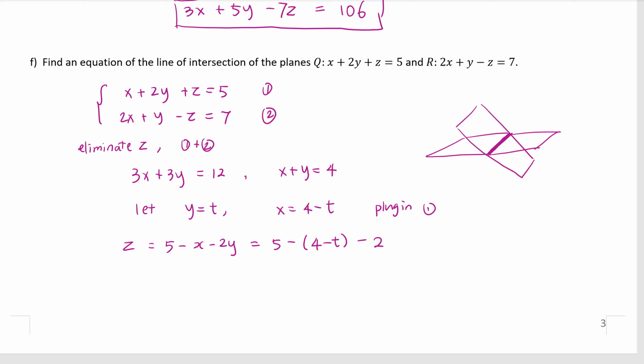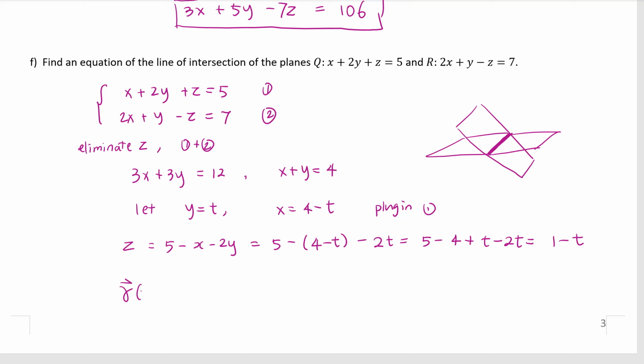So 2y, y is t. 5 minus 4 minus negative becomes plus t, minus 2t. Well, 5 minus 4 is 1, and t minus 2t is minus t. So this is our z.